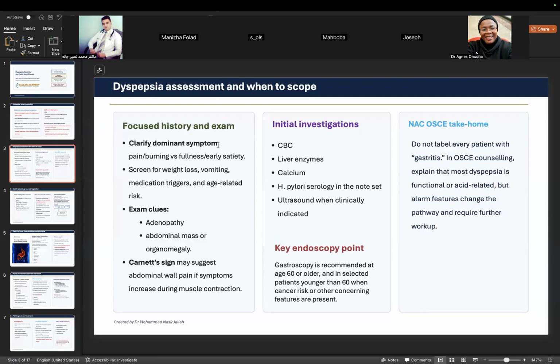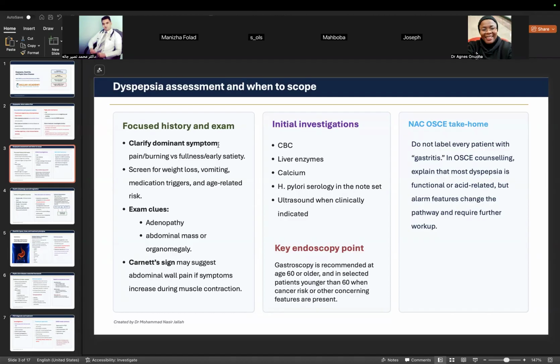If you have anyone above 60 and the patient has anemia, you need to do endoscopy. The patient does not have to have pain in order for us to order endoscopy. We can order endoscopy if we suspect anemia in the elderly. And also, obviously, if the patient has signs and symptoms above 60, we need to do endoscopy.